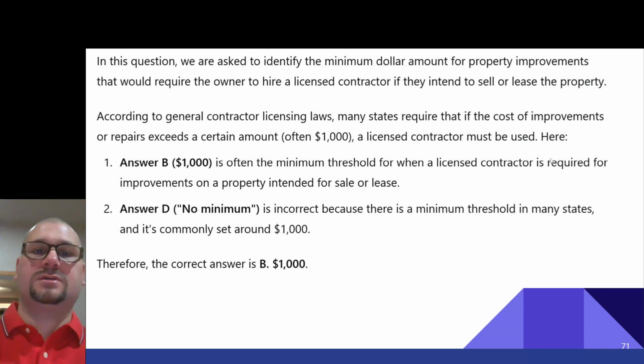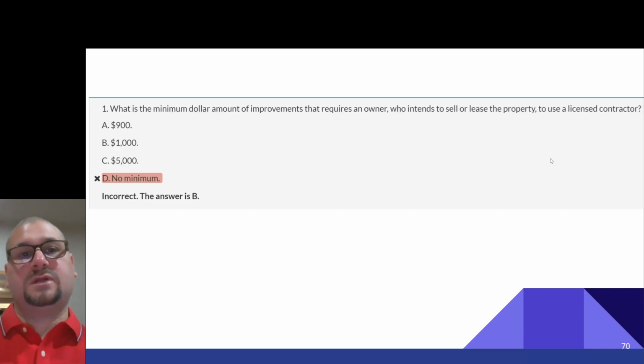So, according to general contractor licensing laws, many states require that if the cost of improvements or repairs exceeds a certain amount, often $1,000, a licensed contractor must be used. So, what's the minimum dollar amount of improvements that requires an owner who intends to sell or lease the property to use a licensed contractor? $1,000.